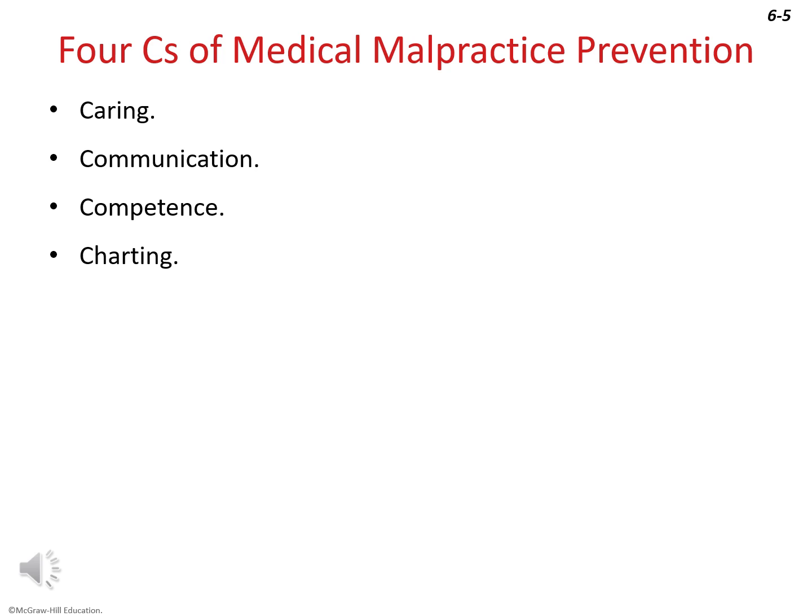Communication, make sure you communicate with your coworkers, your superiors, subordinates, and also with your patients. Competence, make sure you fully understand your job as far as your clinical skills and your knowledge skills that you learned in your classes. And charting, it is very important that you document and chart everything that has to do with the patient.